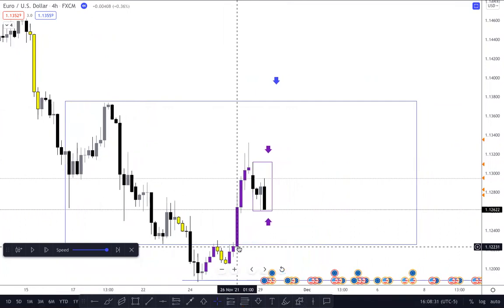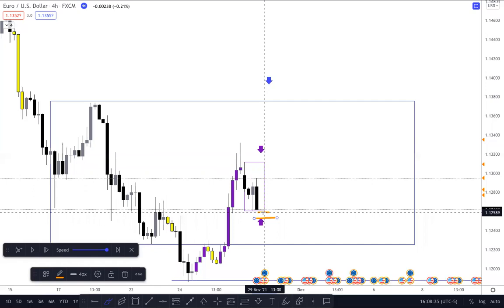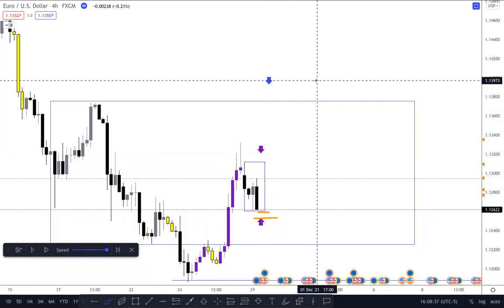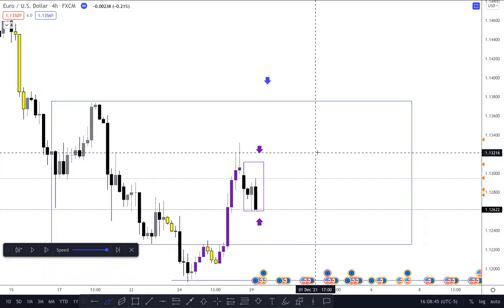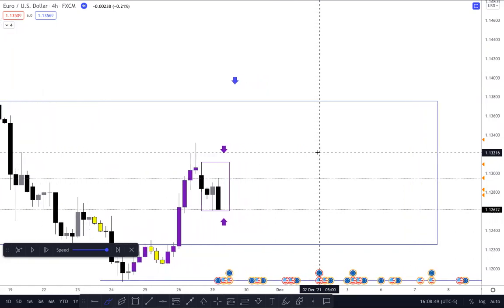So our most probable option here would be for price to manipulate these lows and continue higher. Again, I'm not going over entry criteria right now. We were just going over how to draw injections, how to identify injections on the daily and 4-hour, and where a most possible POI might be based on the current time frames we are on.